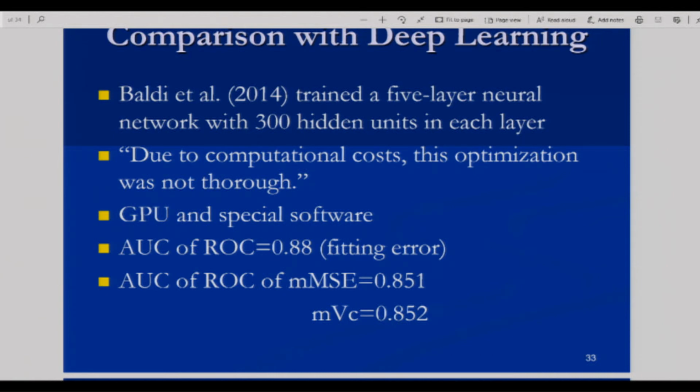Our calculation only takes several minutes, while their calculation took a very, very long time. So sometimes these leveraging estimates can be a good method for a pilot study when you want something real quick. It could give you a very quick estimate.